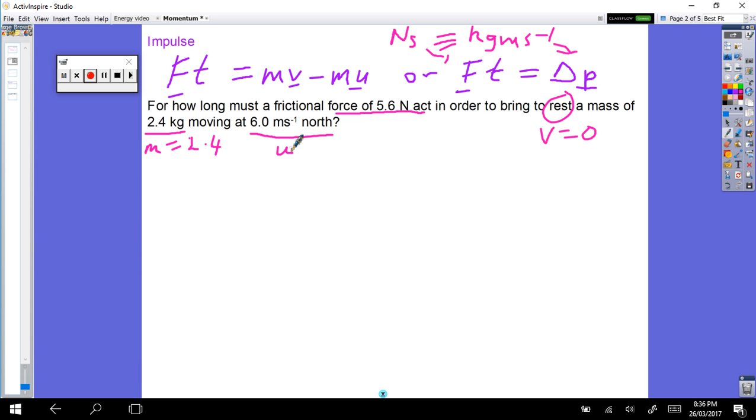So we've got our formula here. Ft equals mv minus mu. Now we can rearrange this. We can take the t over to the other side.